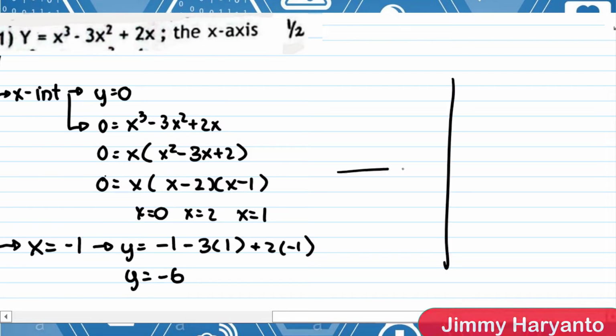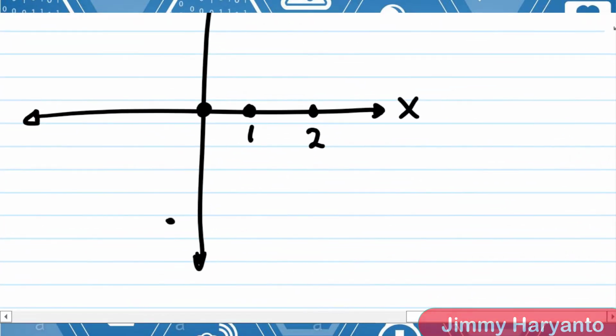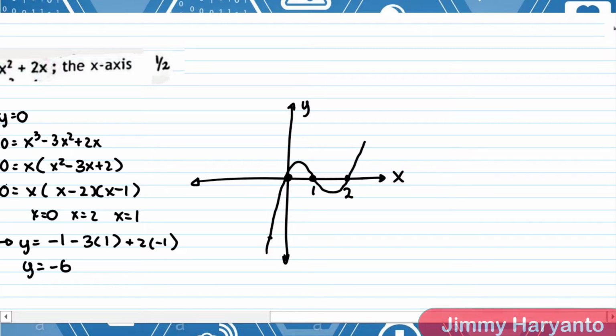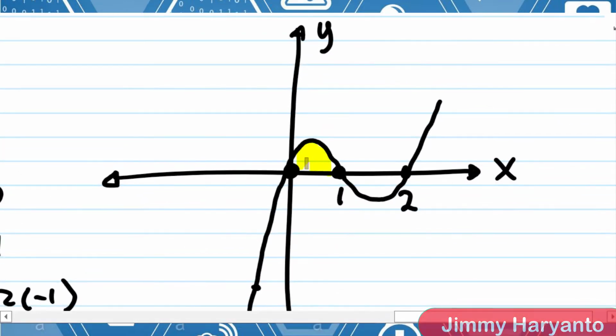Okay, let's sketch it. On the y and x axes, you have 0 and then 1 and then 2 and then negative 1 comma negative 6. It's right there, so you can connect them like this. There you go. Okay, so the area will be this one and also that one.